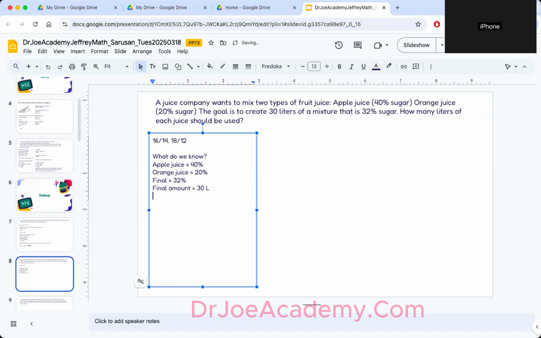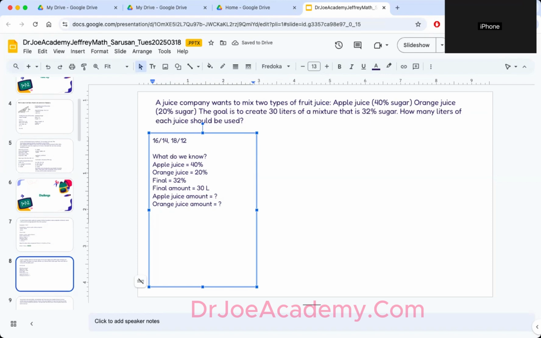Another thing that we need to find is apple juice amount, which is a question mark, and orange juice amount, also a question mark. We don't know those, so we have to figure out these two values. So how do we do that?